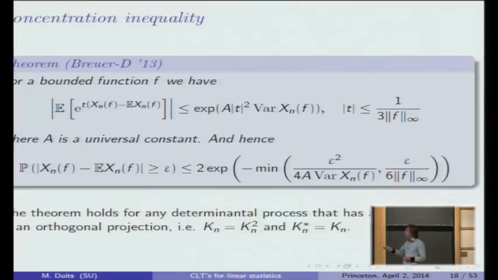It's also general in that sense, and it's also for any bounded function f. Typically concentration inequalities come with some regularity in the measure or in the function, but here we have little. But to make this into a useful concentration inequality, we still need to estimate the variance here. Everything depends on the variance.